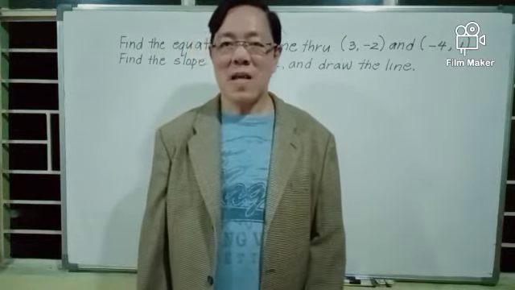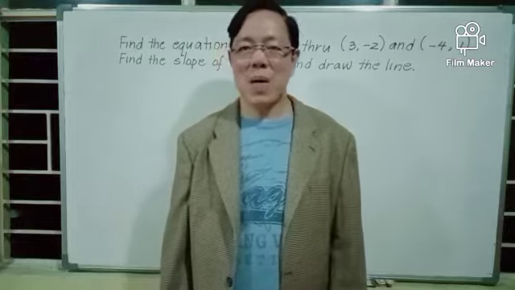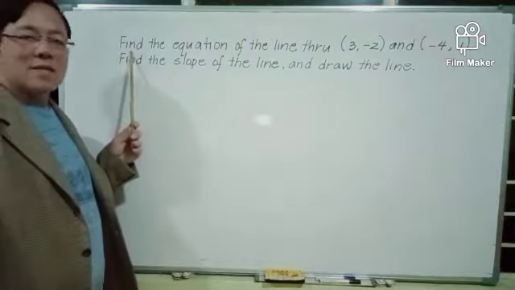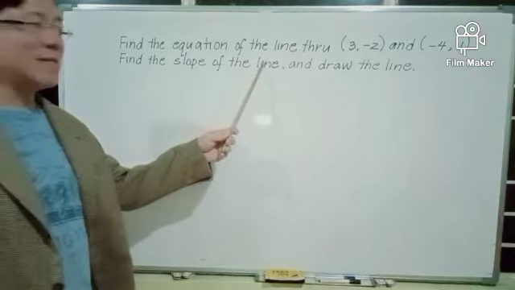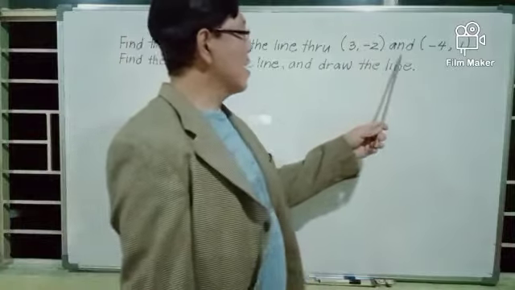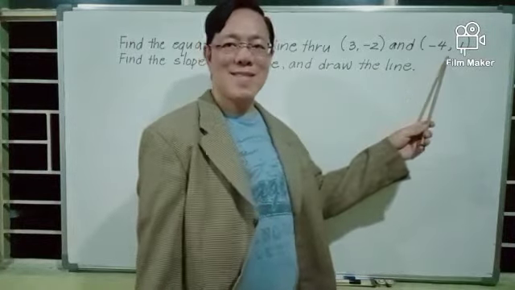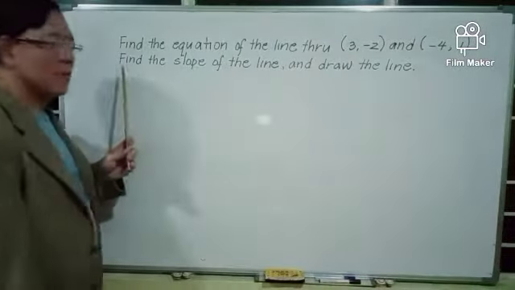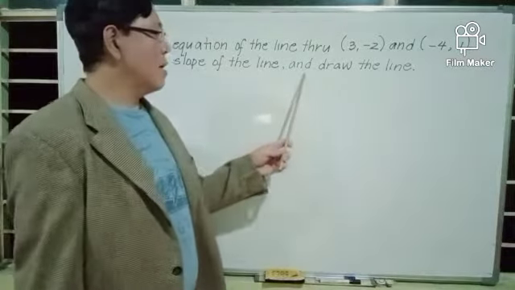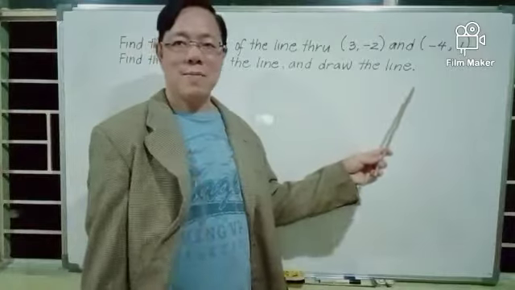For our first example, consider the following problem. Find the equation of the line through 3, -2, and -4, 1. Find the slope of the line and draw the line.